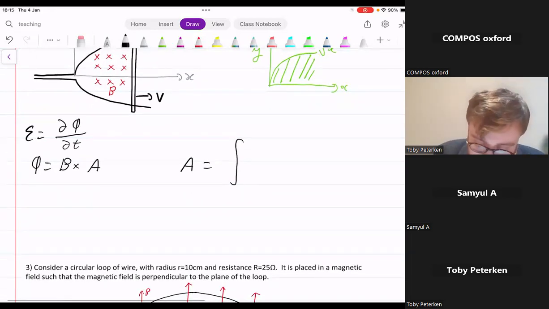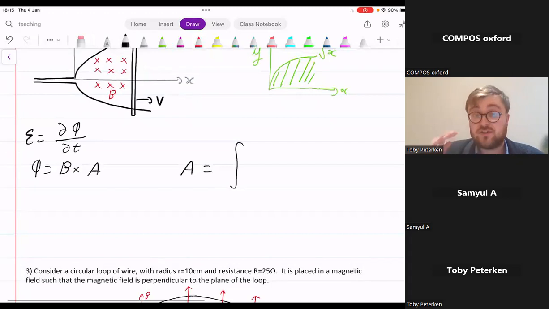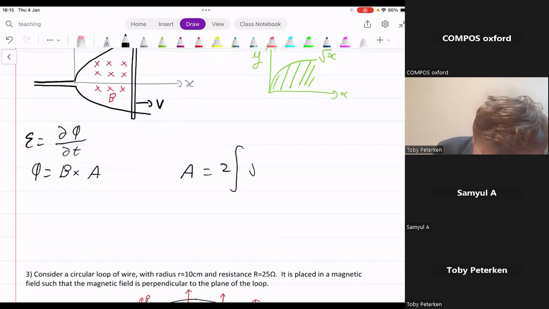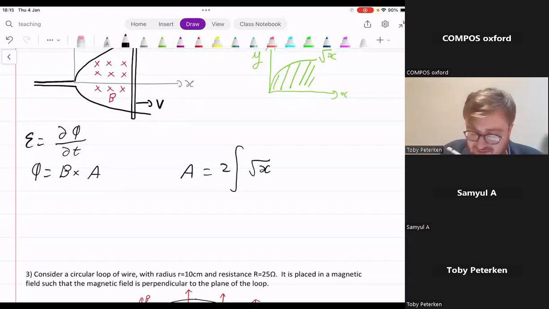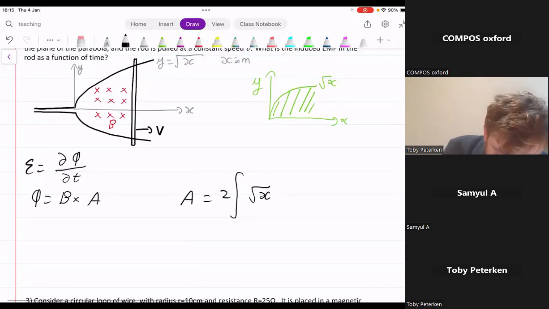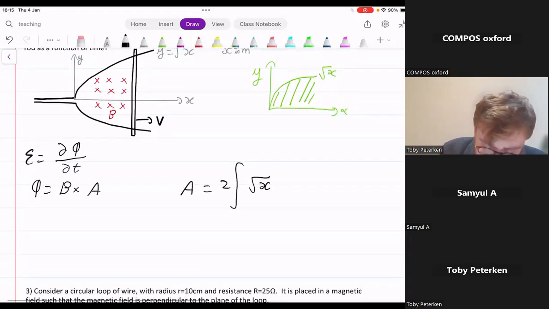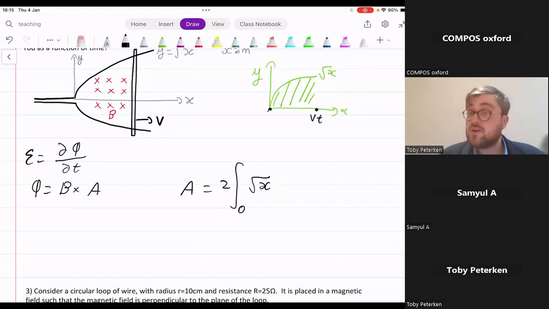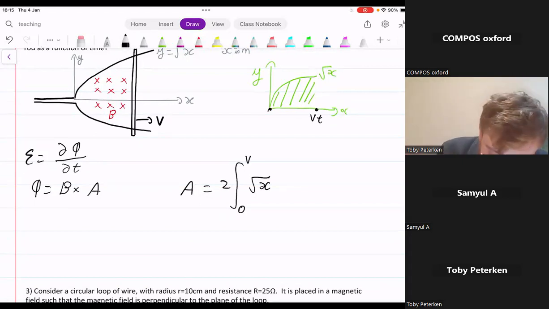The area, well, we want twice that, right? Because it's the same above and below. So we want twice the integral of square root x after a time t. Let's say at t equals 0, we're here. So we want to go from 0 to this point here, and this point here is vt. Distance is velocity times time.